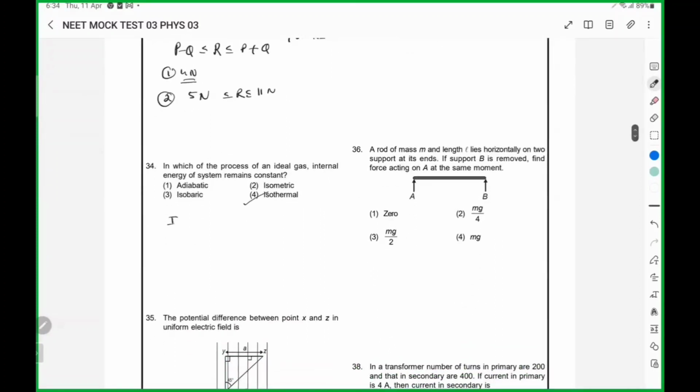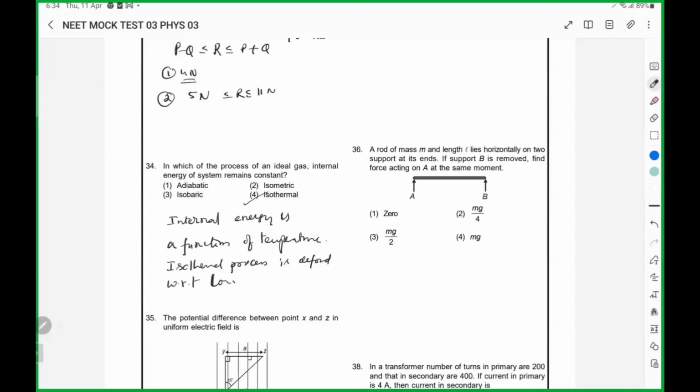So internal energy is a function of temperature, right? So an isothermal process is defined with respect to constant temperature.